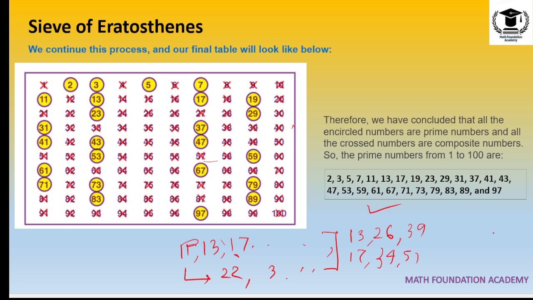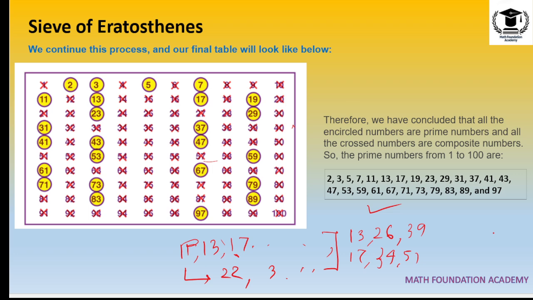So what we did: first we started with prime number 2 and we removed all the multiples of 2 from the grid of the table. Then we started with prime number 3 and we removed all the numbers which are multiples of 3. We continued the process for 5, 7, 11, 13, 17, 19. At the end of this exercise, you will see that a couple of numbers are left.